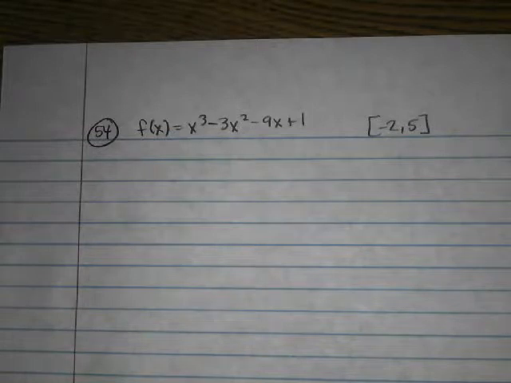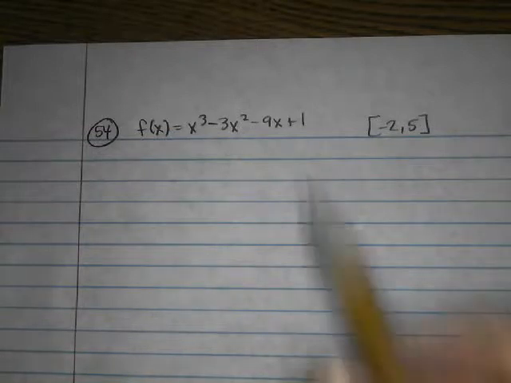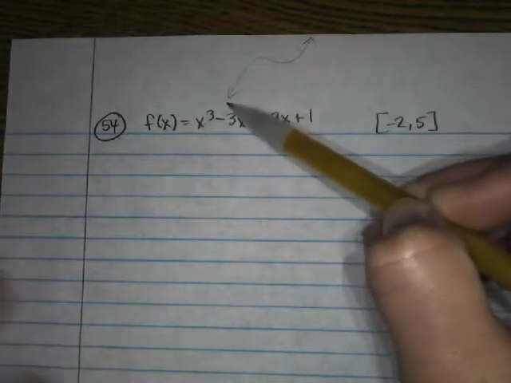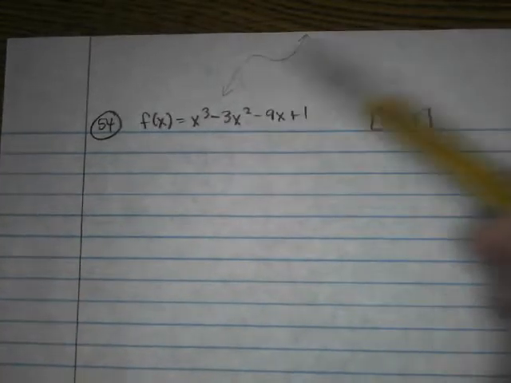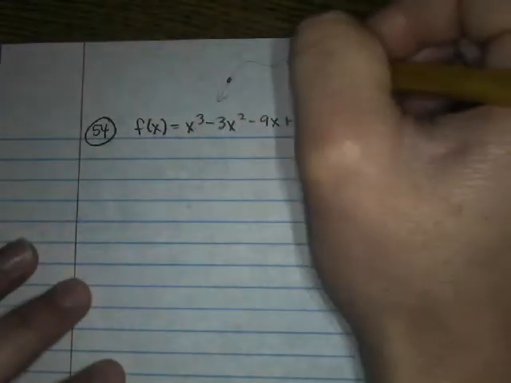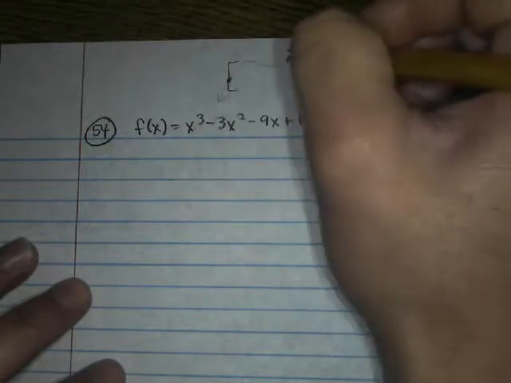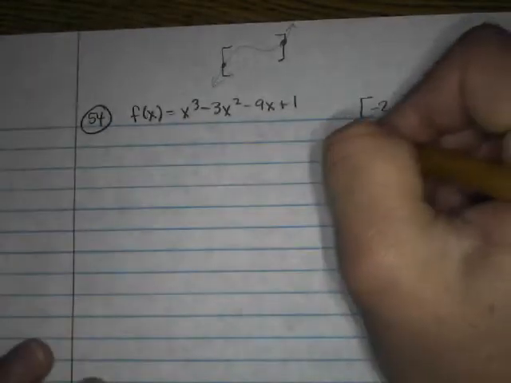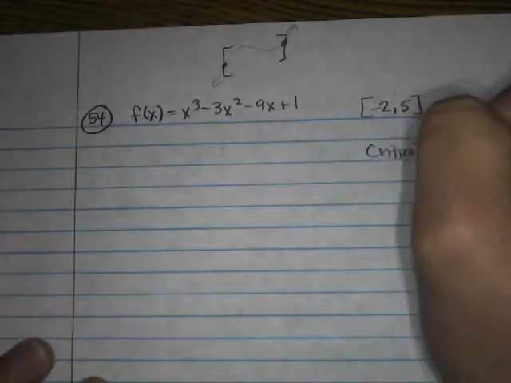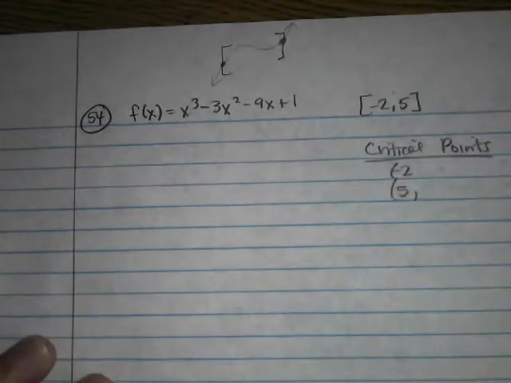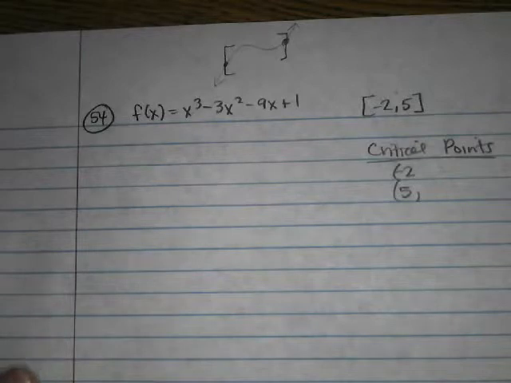But when you're dealing with the closed interval, like between negative 2 and 5, and you're only looking at a certain portion of the graph, there is a minimum value. You just have to find it. And this is where we list out our critical points. And the critical points, first and foremost, have to include those endpoints. Negative 2 comma something, 5 comma something. Your other critical points are going to come from where the derivative, of course, equals 0 or is undefined. This one is not going to be undefined, but it will equal 0.